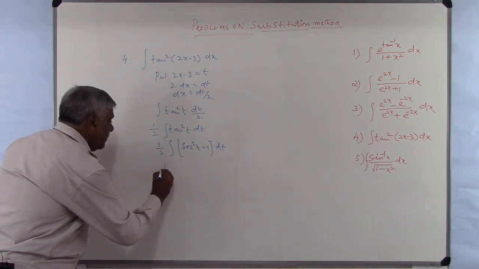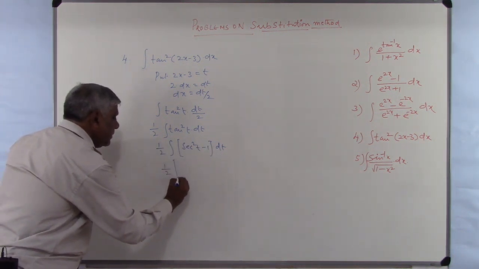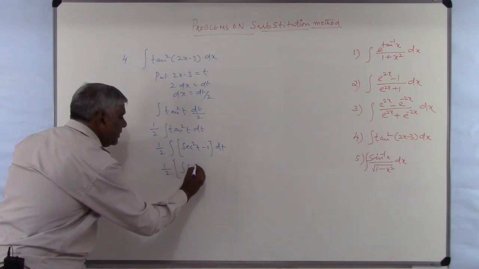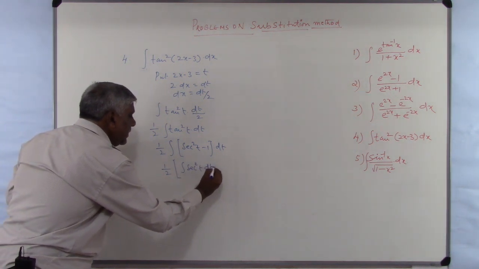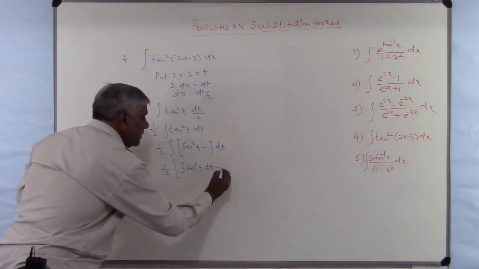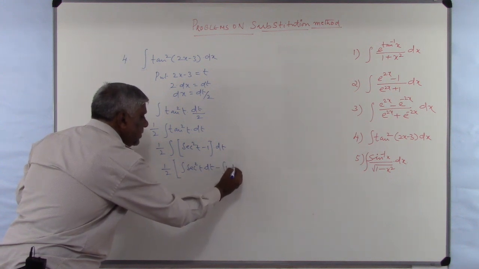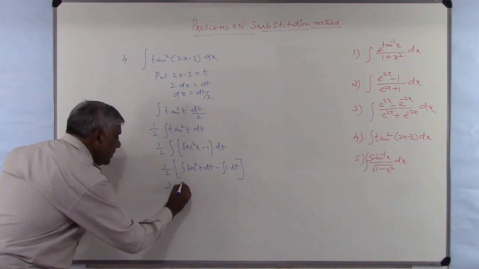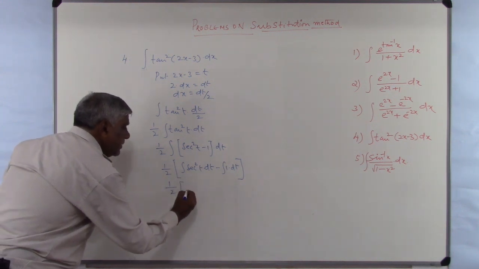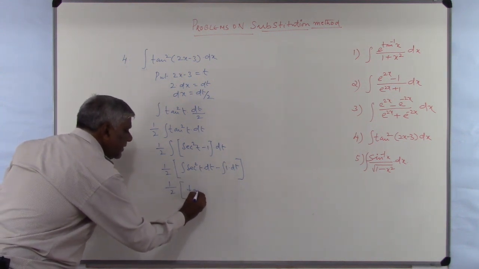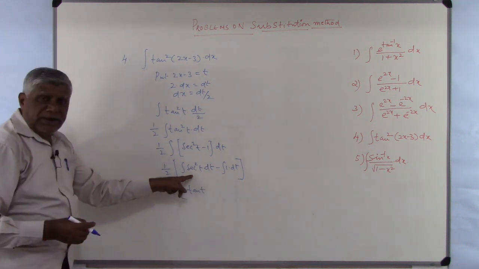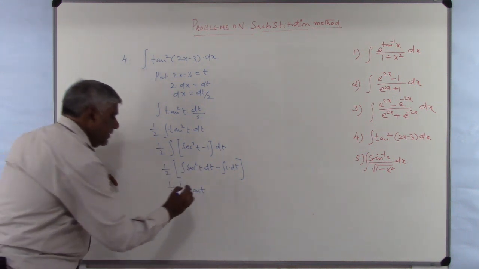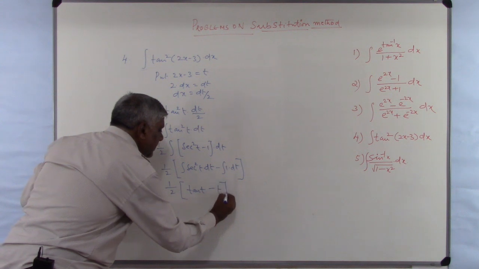Now, half of integral secant square t dt minus integral 1 into dt. Now, how much is this? Integral of secant square t dt is tan t, minus t.